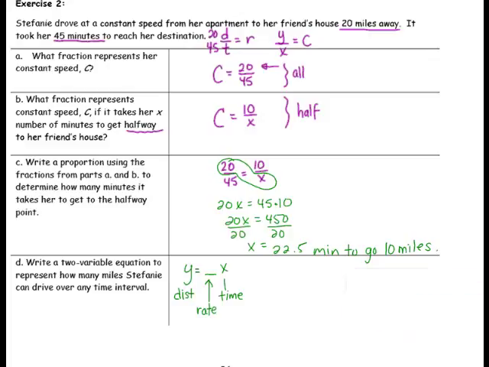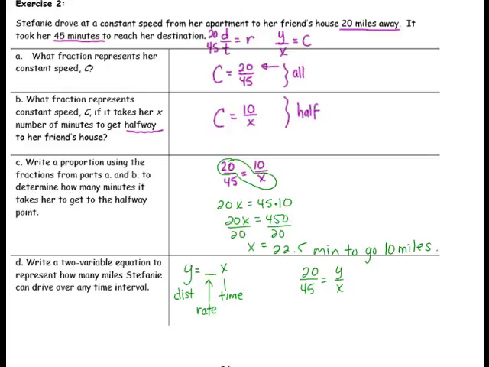Our goal is for our equation to look like that, so what we need to do is determine the rate. We can use either the rate of 20 miles in 45 minutes or 10 miles in 22.5 minutes. Let's use the original rate, 20 miles in 45 minutes. Remember, our goal is to use x and y. And so we write y divided by x because that is the speed.